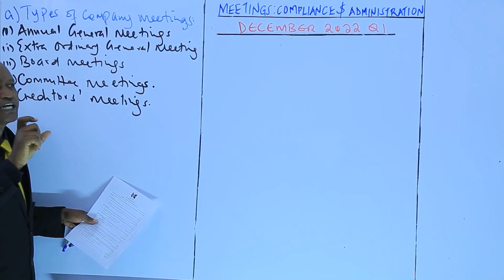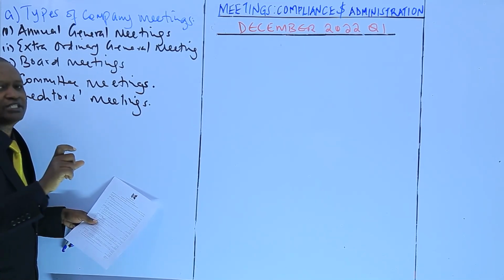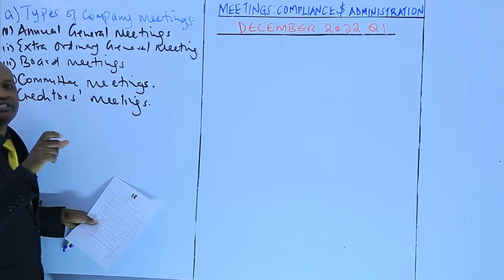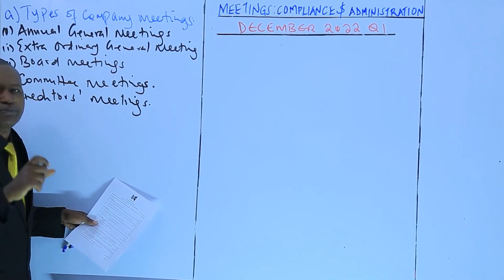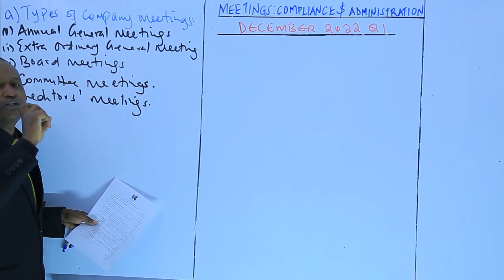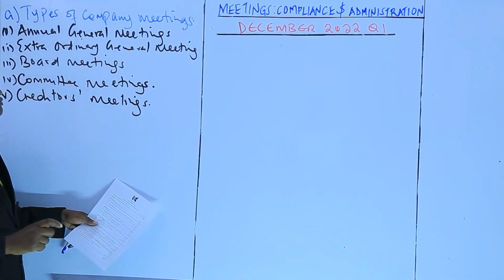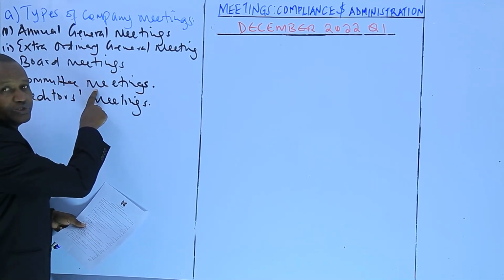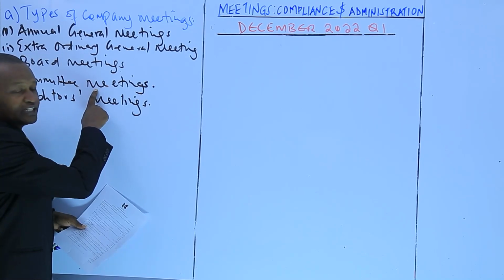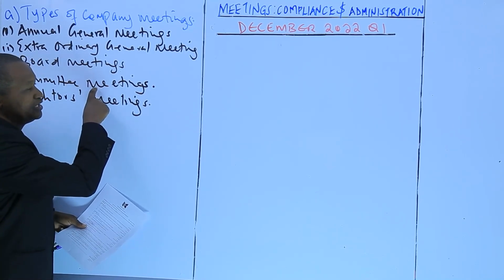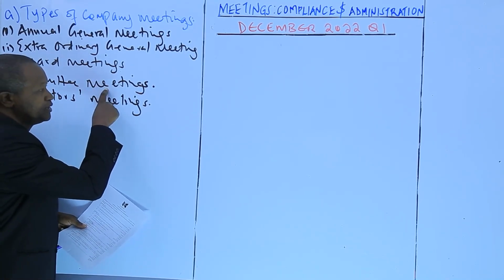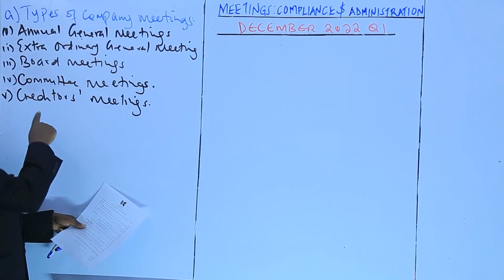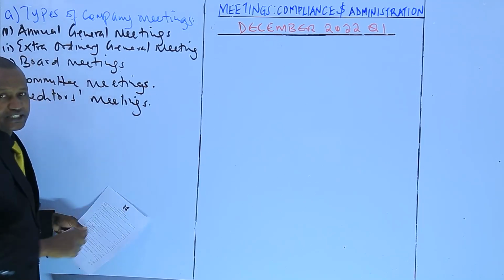And candidates, board committee meetings allow for in-depth discussions and recommendations before decisions are presented to the full board. So the board may constitute committees to discuss specific areas like the audit committee, the nomination committee, the risk management committee, and so on. Then lastly, creditors meetings.